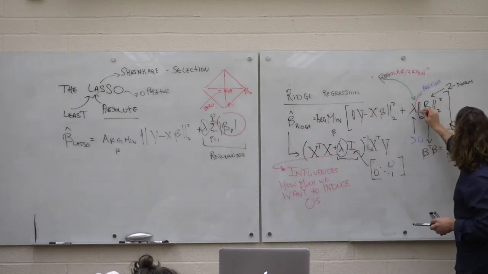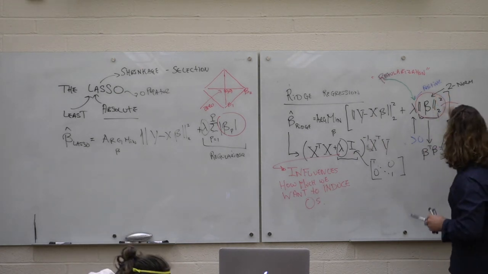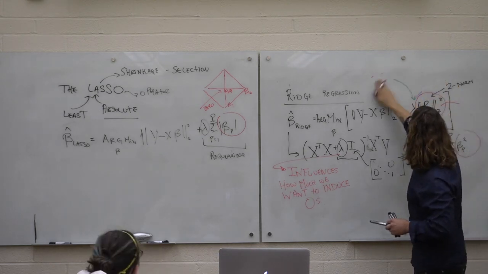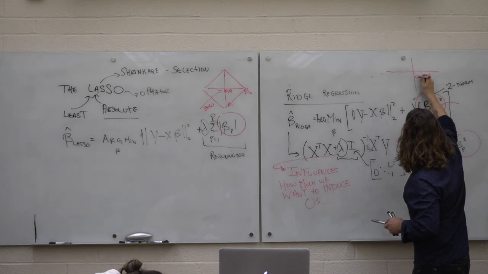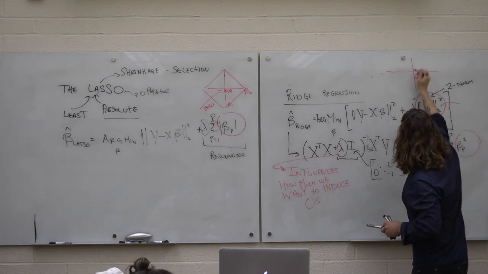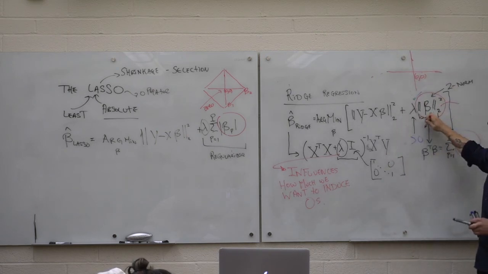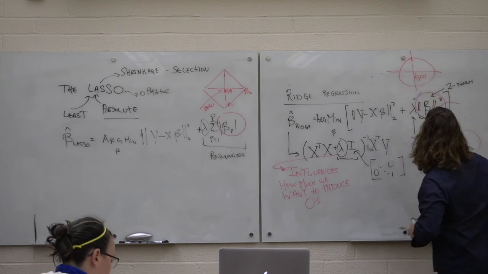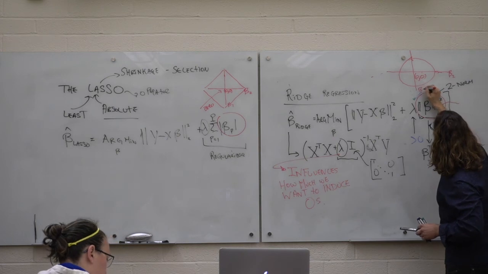Let me draw the ridge penalty just for comparison. It looks totally different. Most of you will recognize this as a circle, again with beta 1 and beta 2.